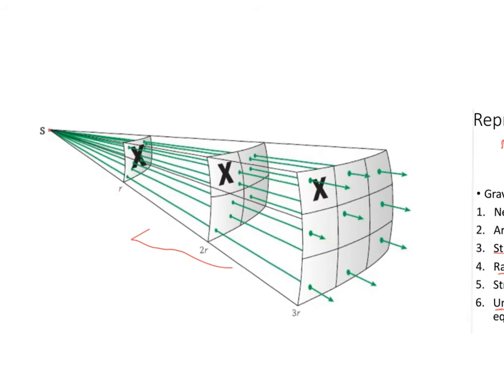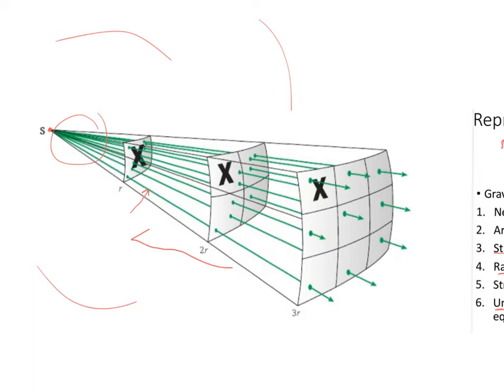So if this was a point mass right here, these green lines that you see are the field lines in 3D. Obviously, they're supposed to be in all directions around, but this is just for one section. And you can see that they're much closer together near the mass.